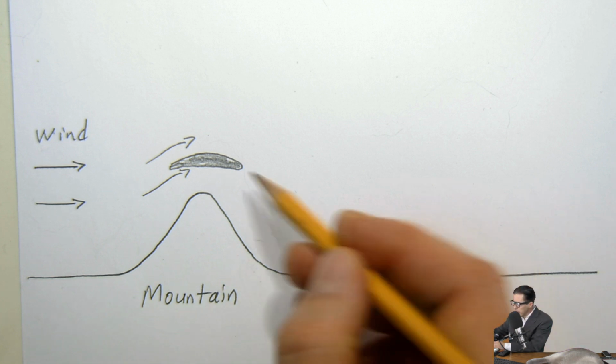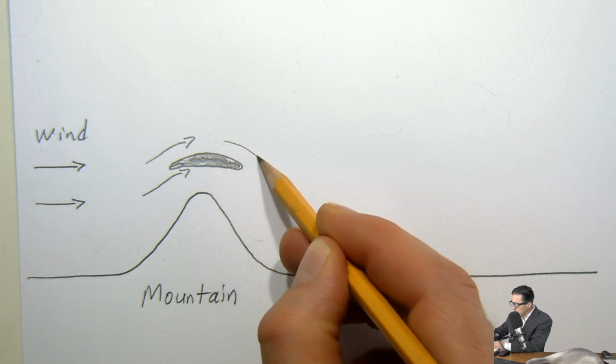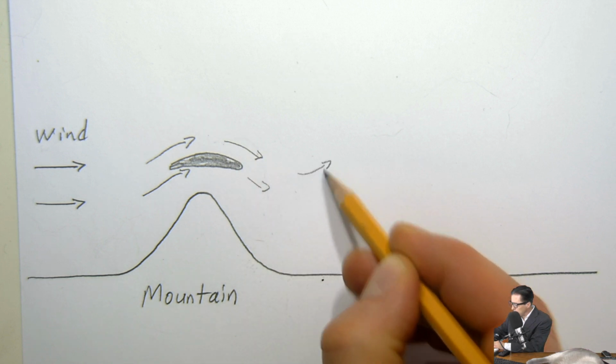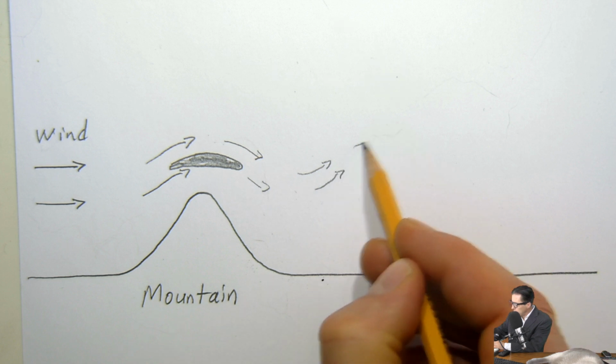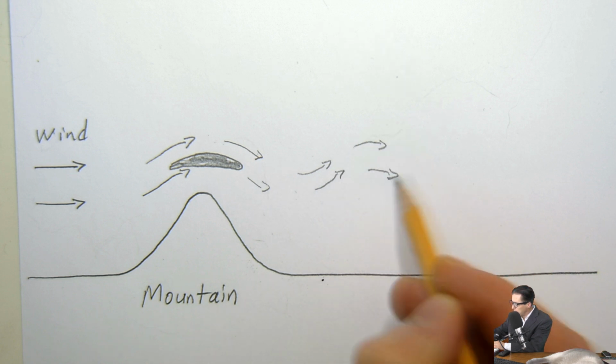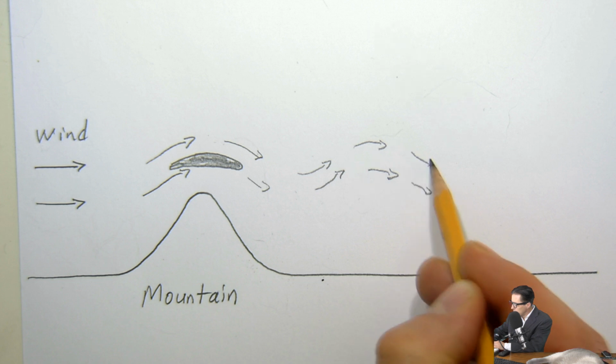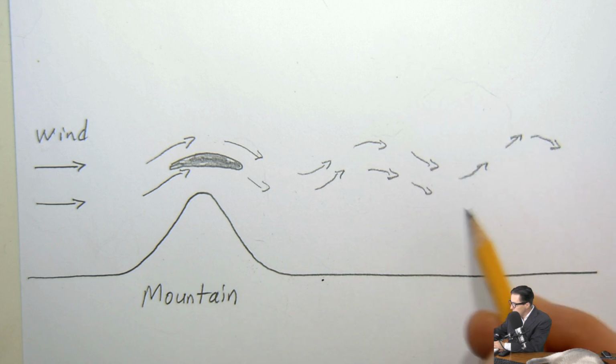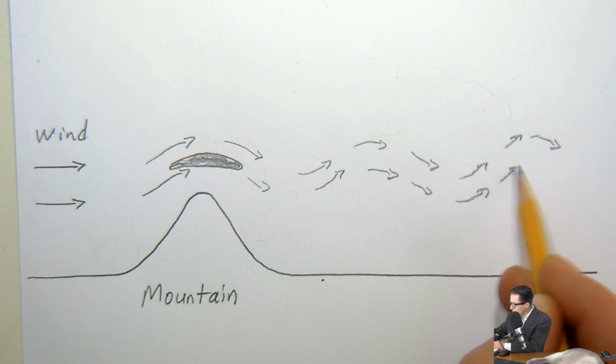So what happens is the air goes up over the mountain and it comes down and it compresses and then it goes back up again. And then it makes another hump like this and it bounces again. And it can do this many times actually.